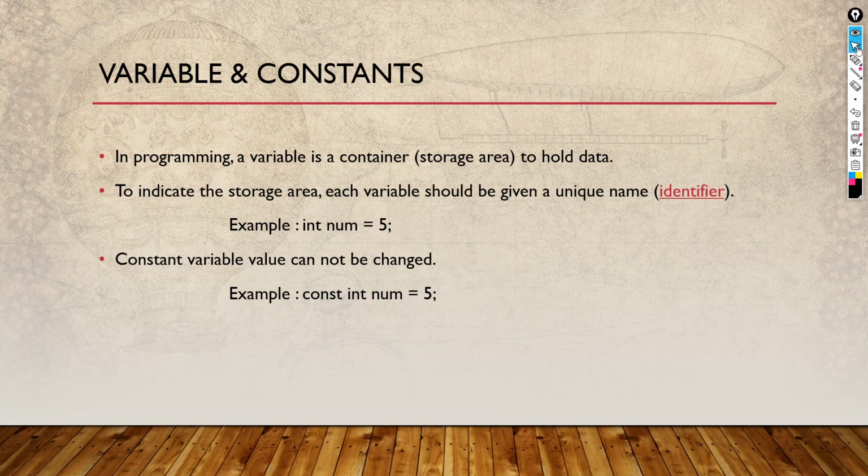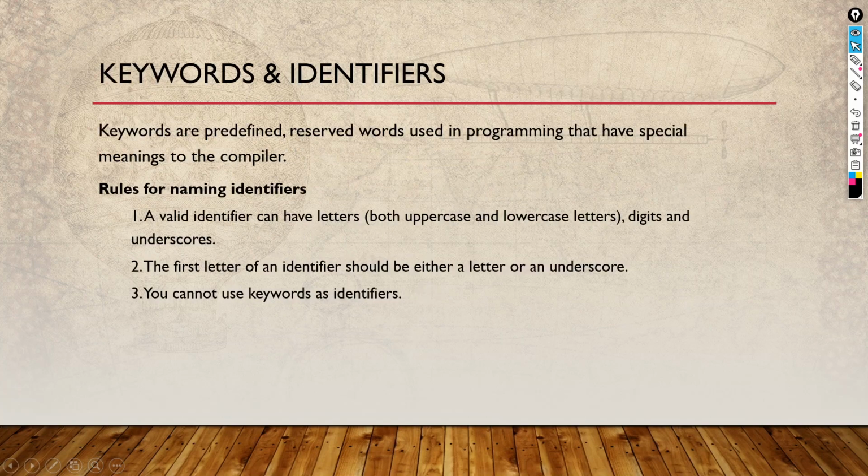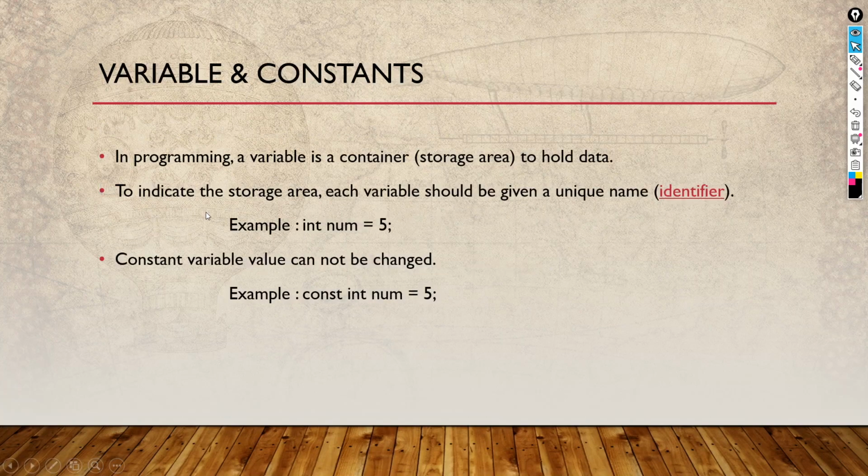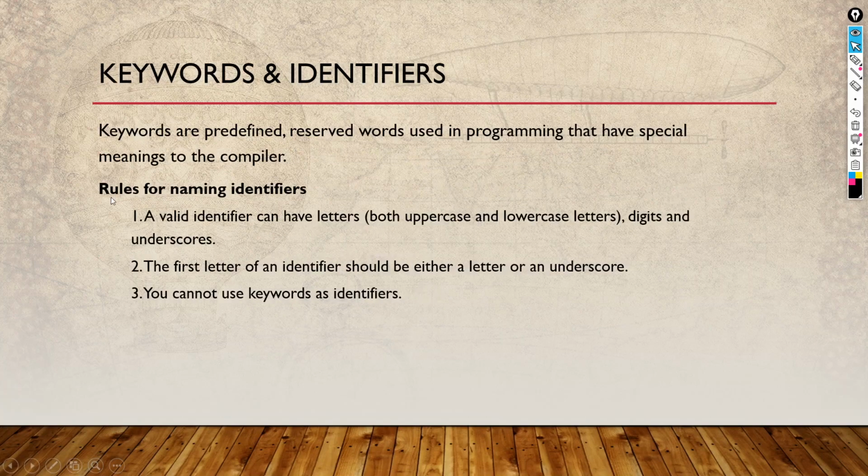What are they? Let's go to the previous slide. Yeah, these are the rules, okay? A valid identifier can have letters, both uppercase and lowercase, digits and underscores. The first letter of an identifier should be either a letter or an underscore.